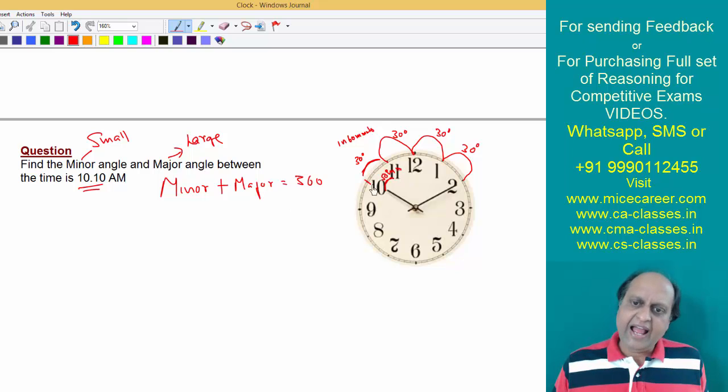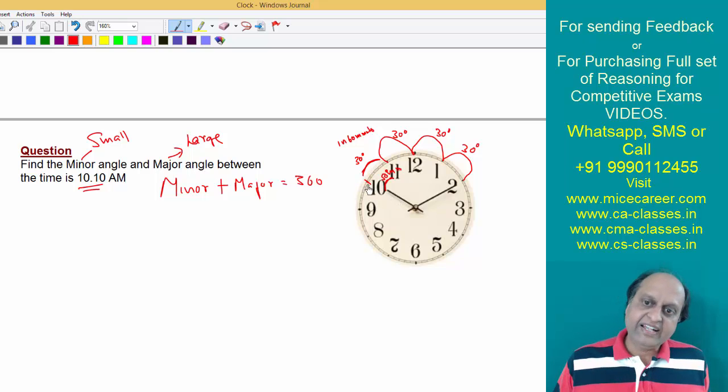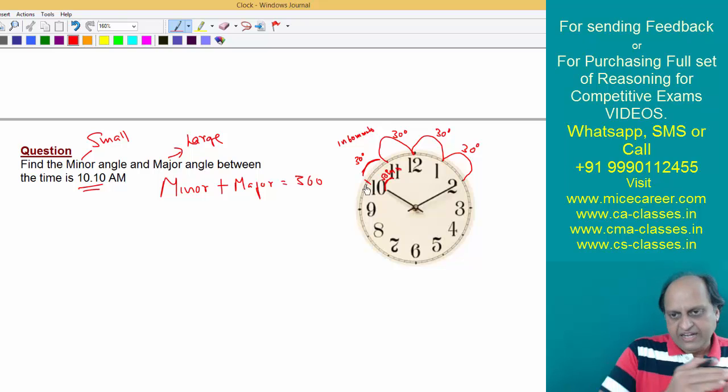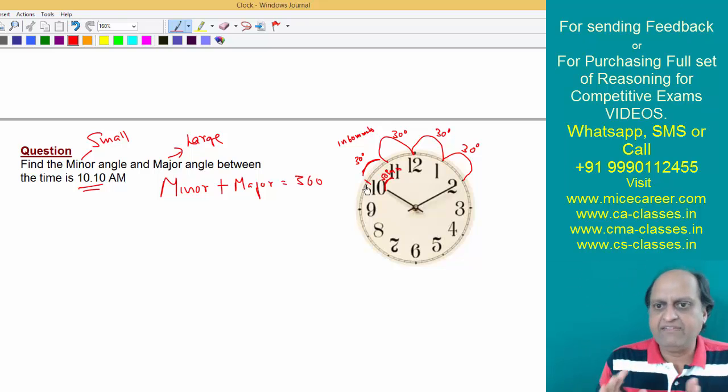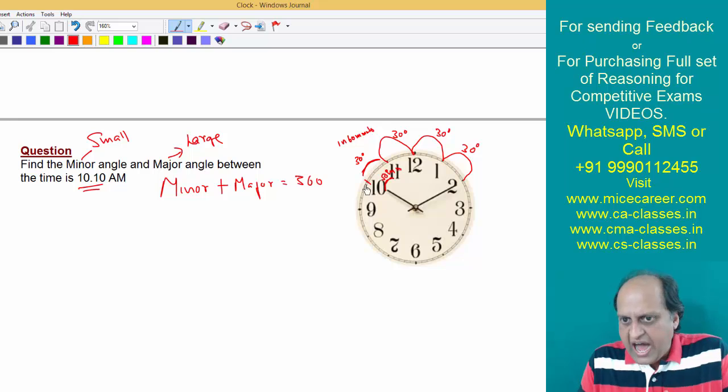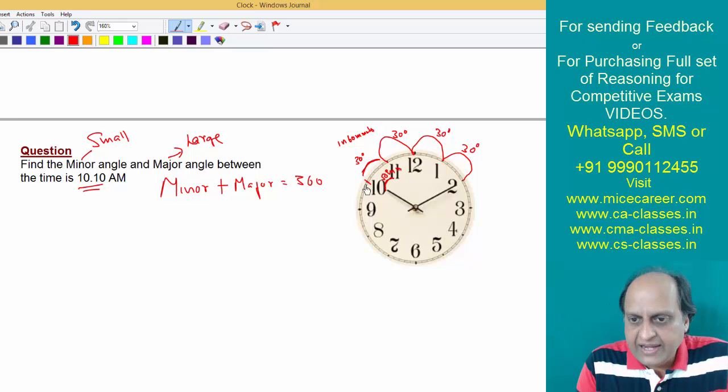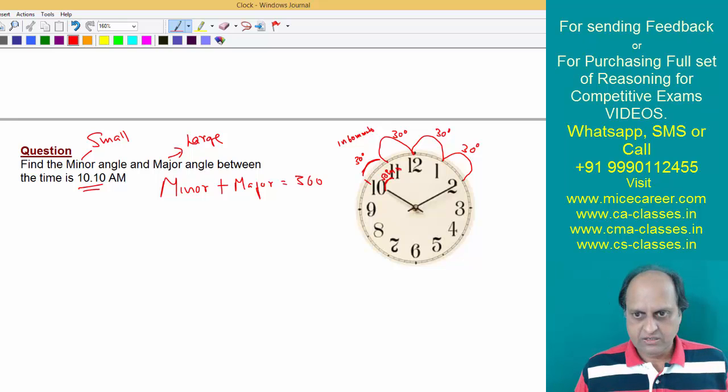If the hour hand had been at 10, then the difference between 10 and 11 would have been exactly 30. Now the hour hand has gone ahead by 10 minutes, so it is left with 50 minutes to reach 11. So how much angle is left? You can do it in two ways.